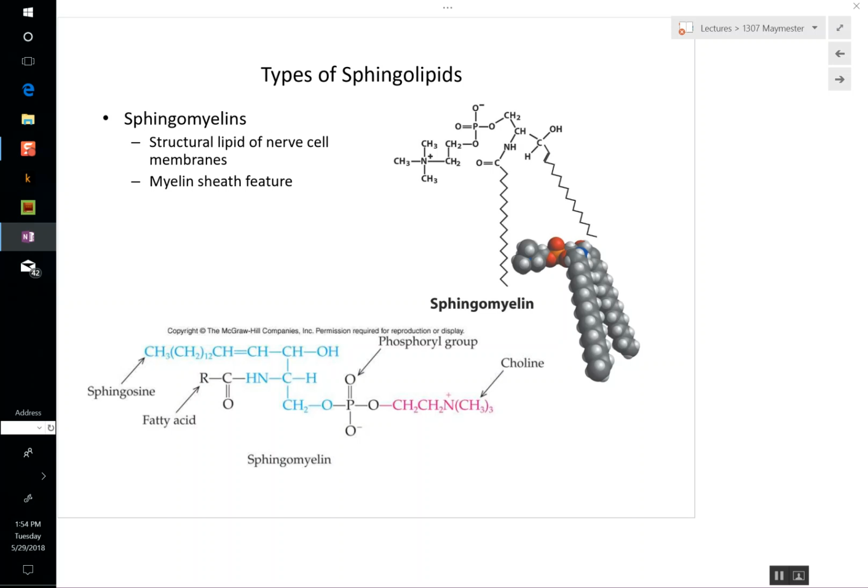And then bunched up in here is a lot of oxygens, phosphate, negative charges, positive charge, very polar. Very polar head, 2 nonpolar tails, and that's your sphingomyelin molecule, making up the myelin sheath. All right, I don't expect you to draw these, but to know that sphingolipids are the major component of nerve cells.